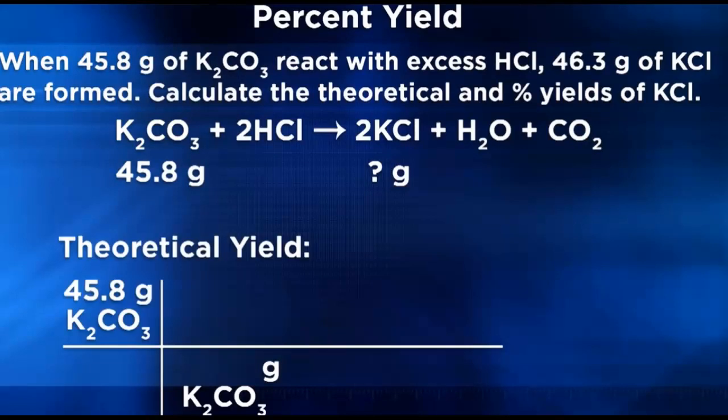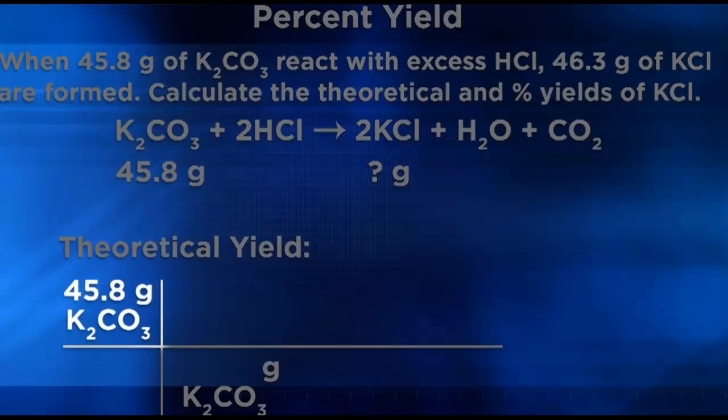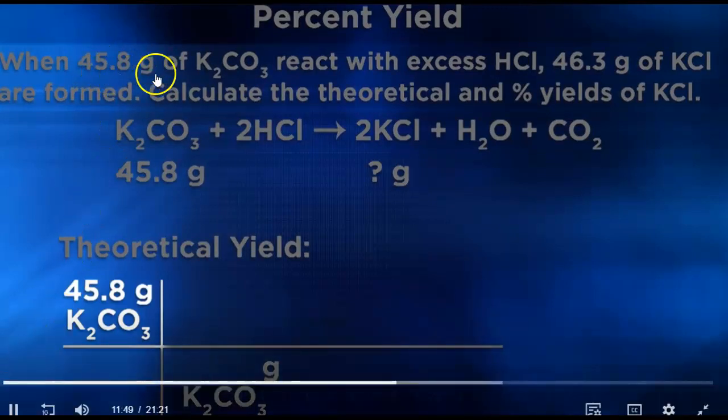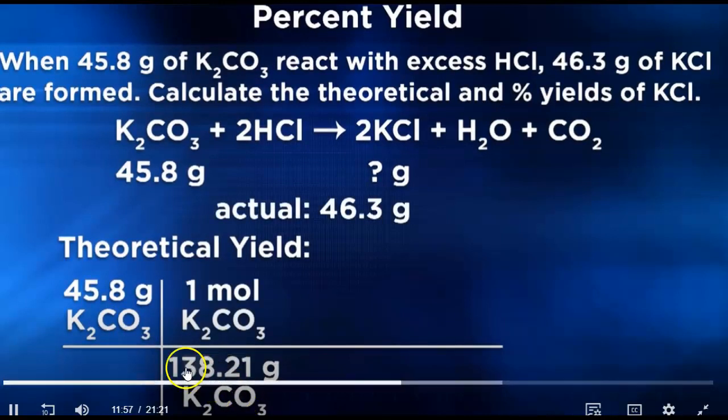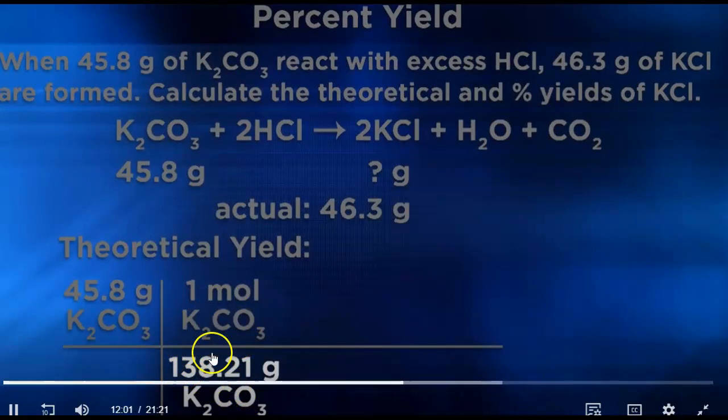So setting up a stoichiometric conversion chart, place 45.8 grams of potassium carbonate in the upper left-hand corner, and then bring down the units to the denominator of the next column. Then use the molar mass of potassium carbonate, which is 138.21 grams, to convert to moles of potassium carbonate.